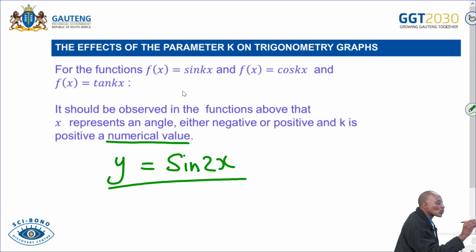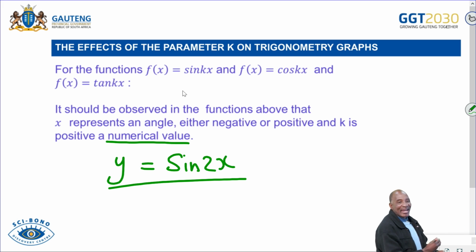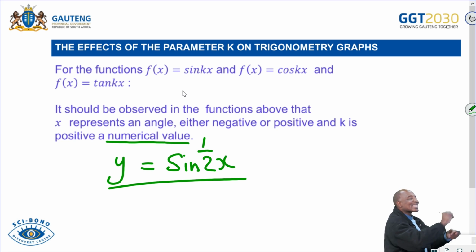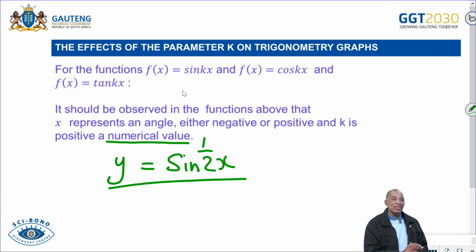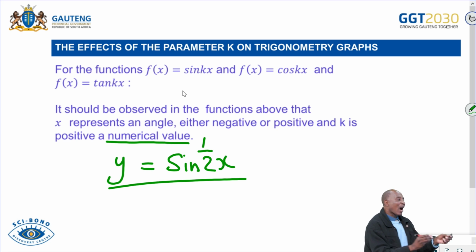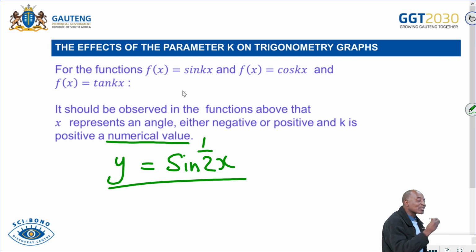We have introduced, in other words, we are doubling our angles. You can even use a half there, it will also work. You can use any number there as long as it is a positive value. Your k has to be a positive value. Even if you use a negative, in any case, you'll have to reduce that. But for now, we focus on positive values for k. Sine half of x, sine 3x, sine a third of x, sine 5x, and so on.